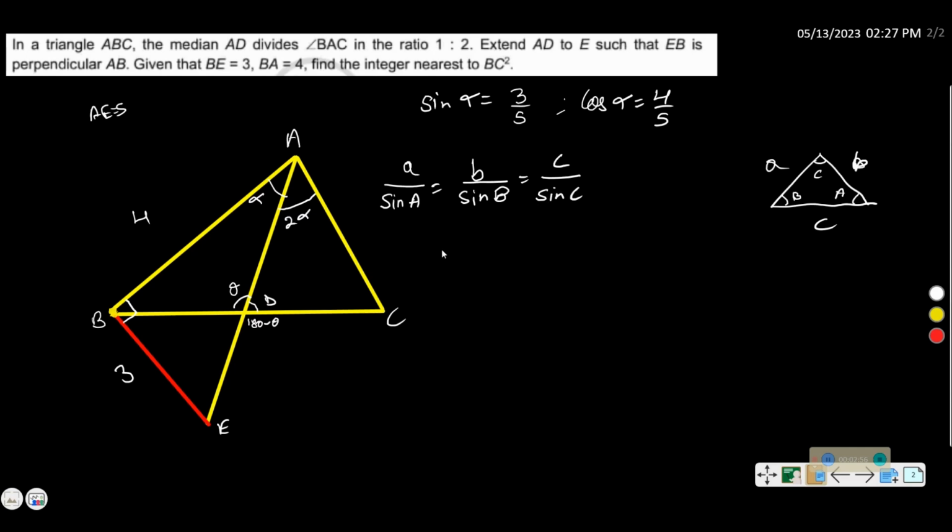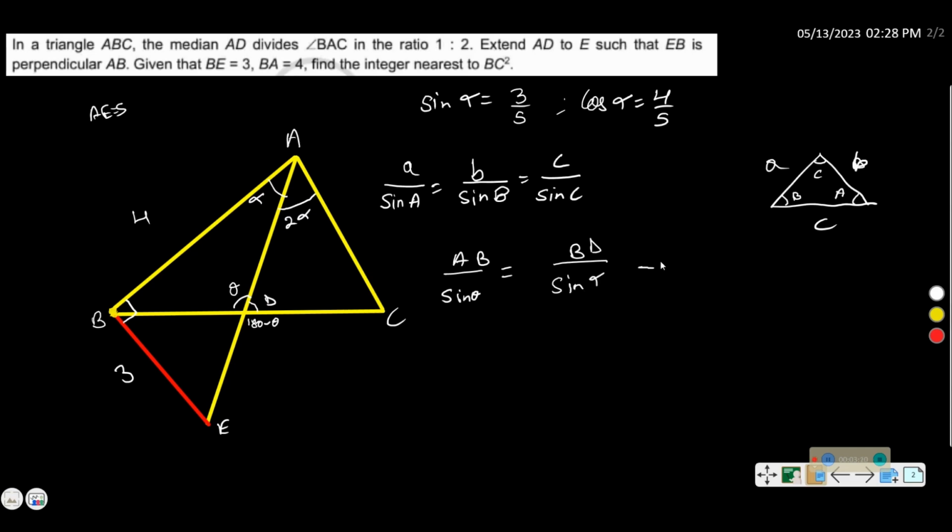So in triangle ABD, we can say that AB is opposite to theta, so AB by sine theta equals BD, which is opposite to angle alpha, so BD by sine alpha.